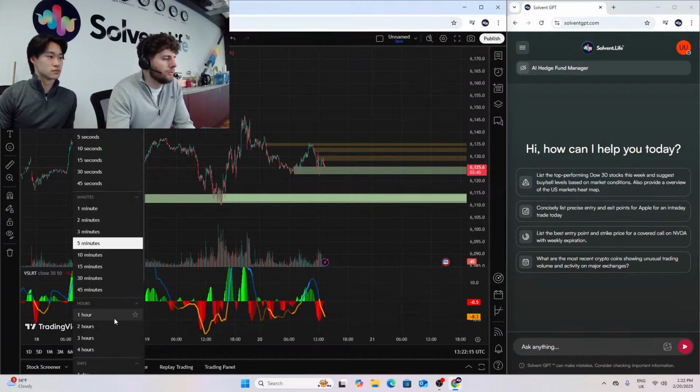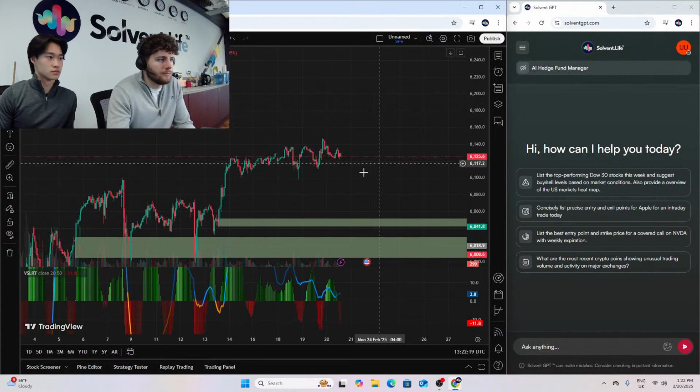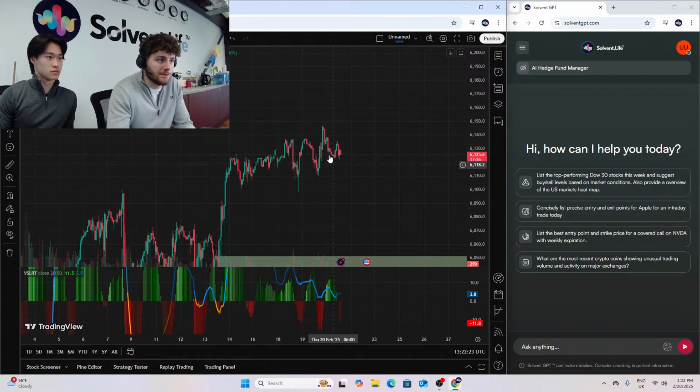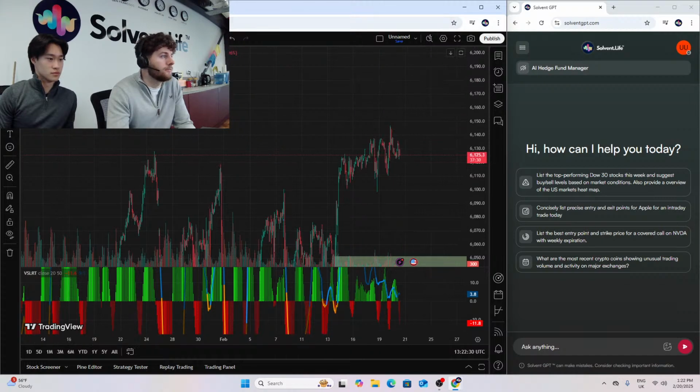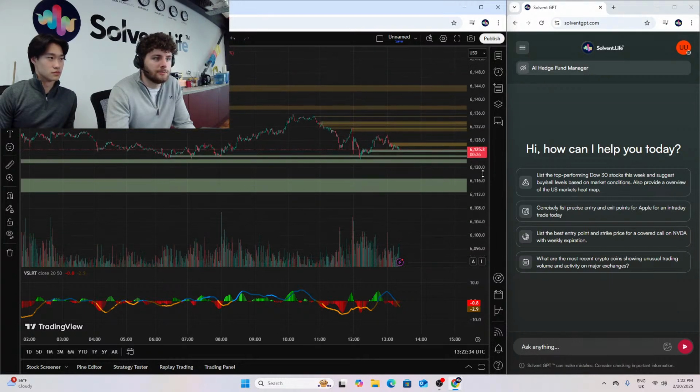Go into the 1 hour. Yeah, I'm going to say short. Bearish uptrend up until today. I would say it's looking like a short would be a plausible option to take a trade.